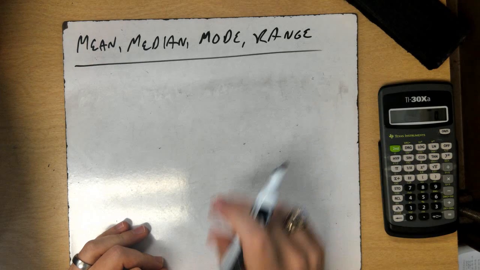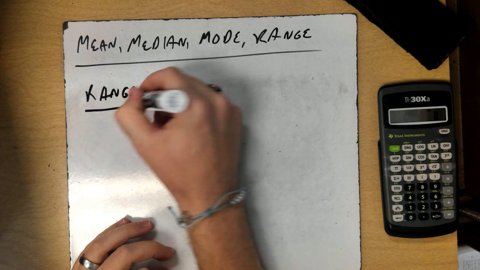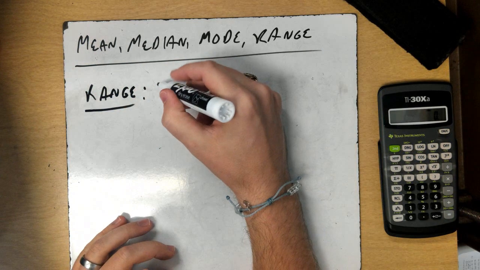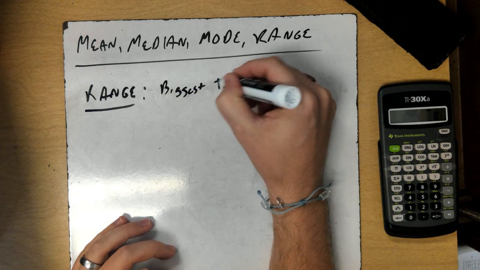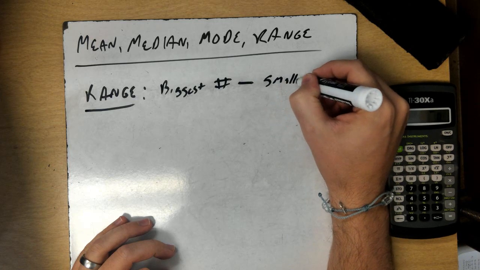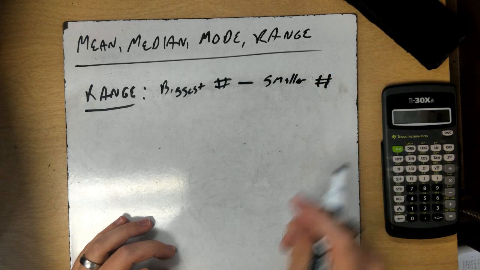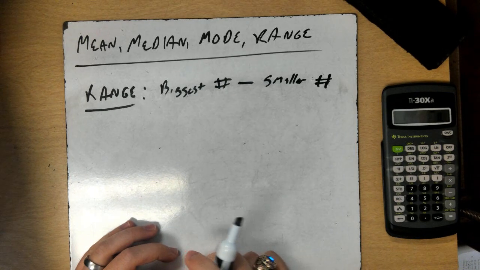All right, last one, range. So the range, all right, is your biggest number minus your smaller number. Okay. So biggest number minus smaller number, and that's really what it is. All right.